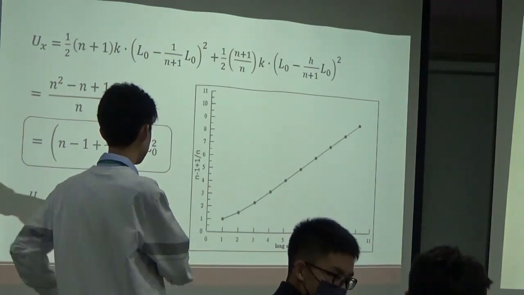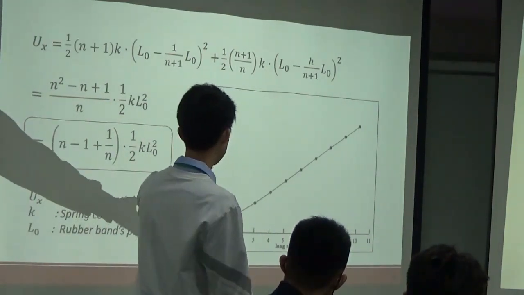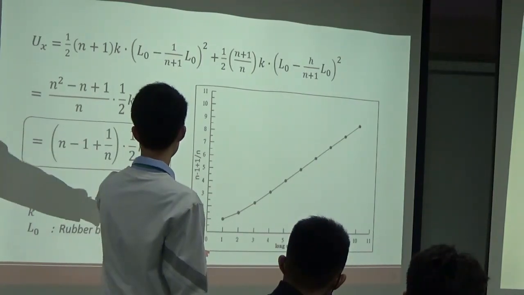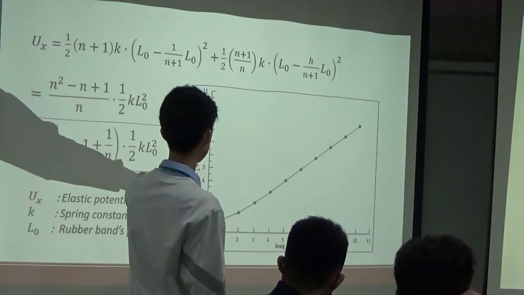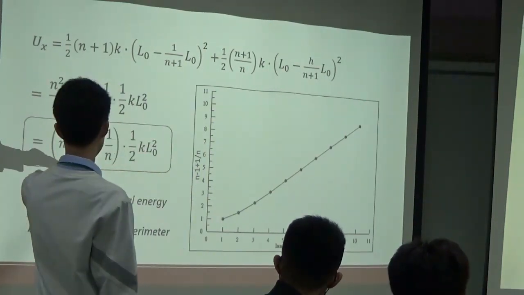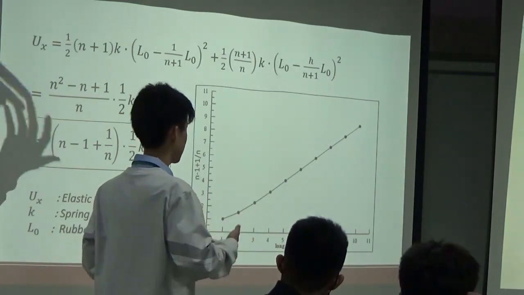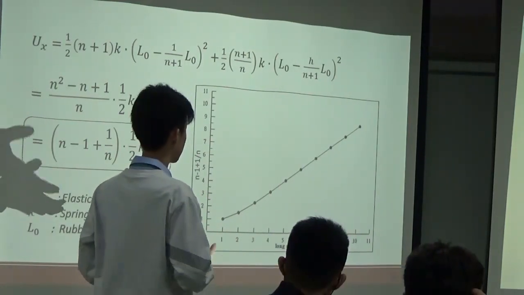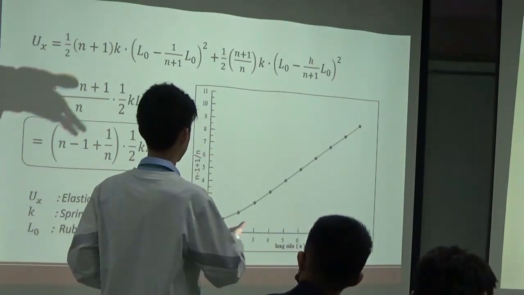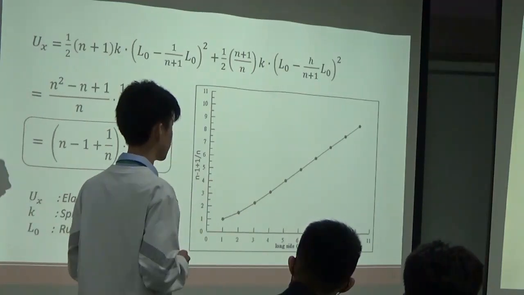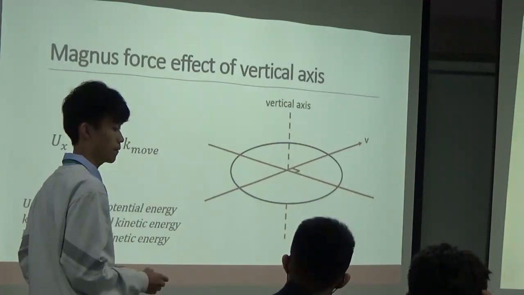And I made this slide, and this means when n is bigger and bigger, the elastic potential energy will be bigger, so it can be shot to reach a longer distance.